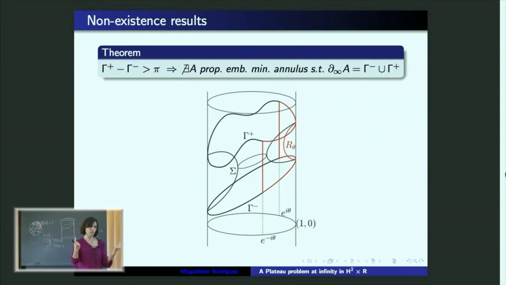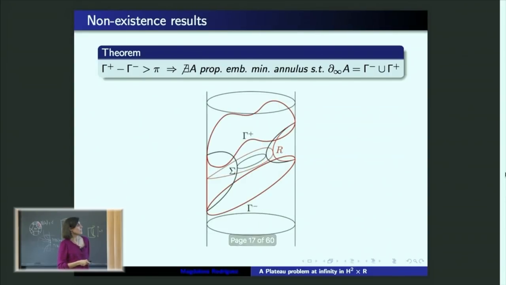So now we start approaching them in the other direction, and again we look for the limit. Since we are assuming that this annulus exists, we use that annulus as a barrier, so it's not going to disappear at infinity. So what we get is a minimal disk, area minimizing in fact, whose boundary is your original curve upstairs, downstairs, and a vertical segment at infinity.